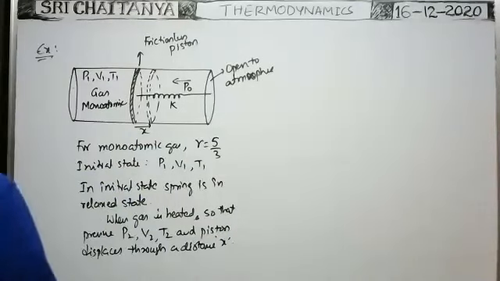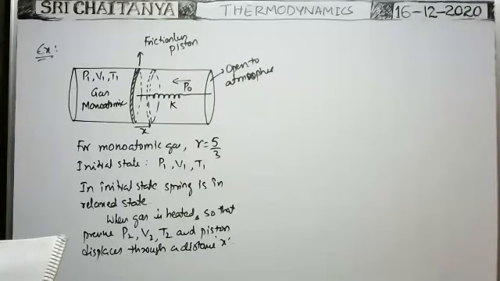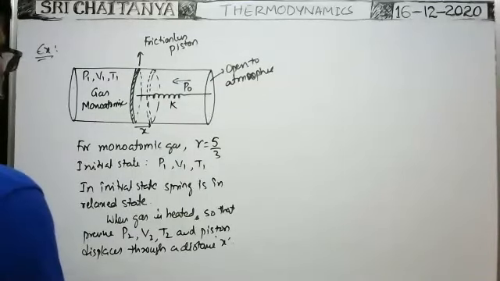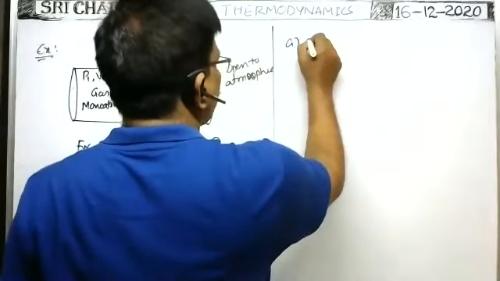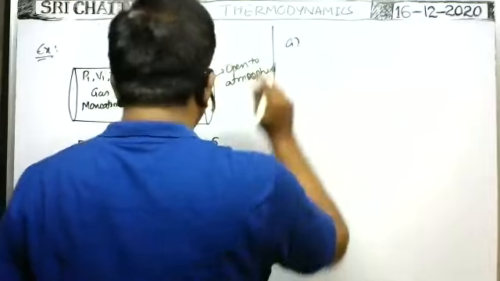So this is the problem given. Now we have to find the potential energy stored in the spring. First case is A. Potential energy stored in the spring is dash.